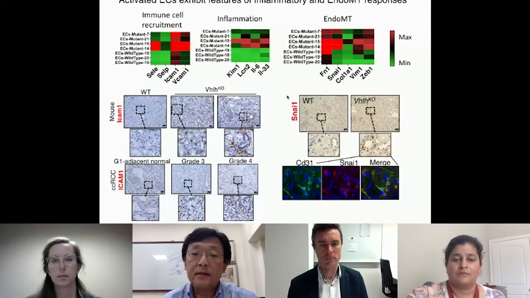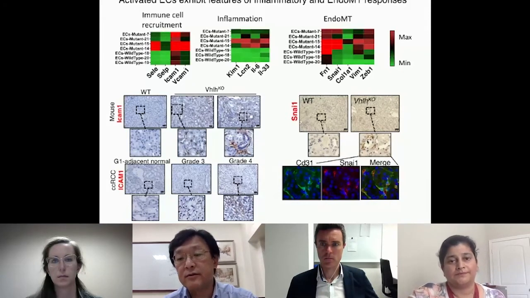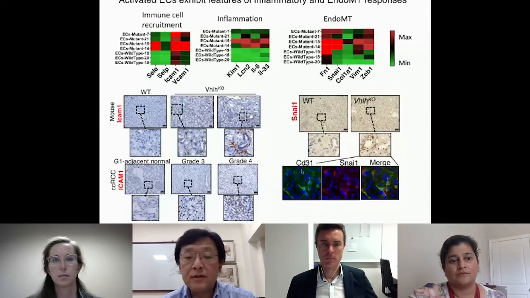SNAIL1 is a mesenchymal marker. It's a transcription factor. In the wild type, there's no expression. In the mutant, it's expressed in the vasculature surrounding the tubule. The vasculature localization is confirmed if we use CD31, which is mostly in the blood vessels.